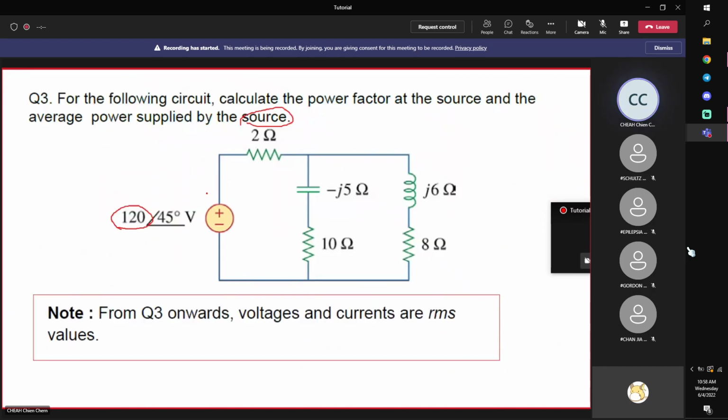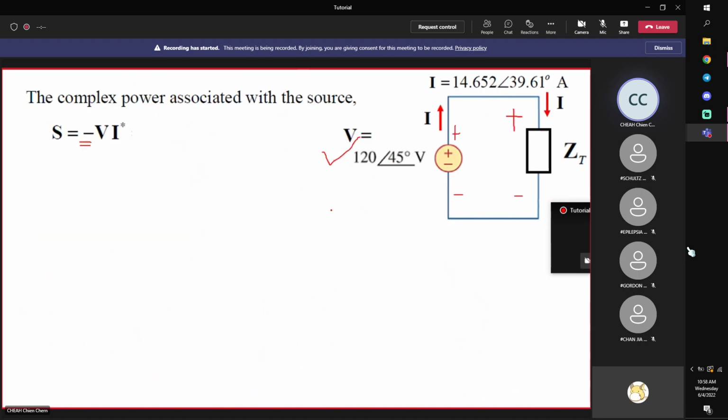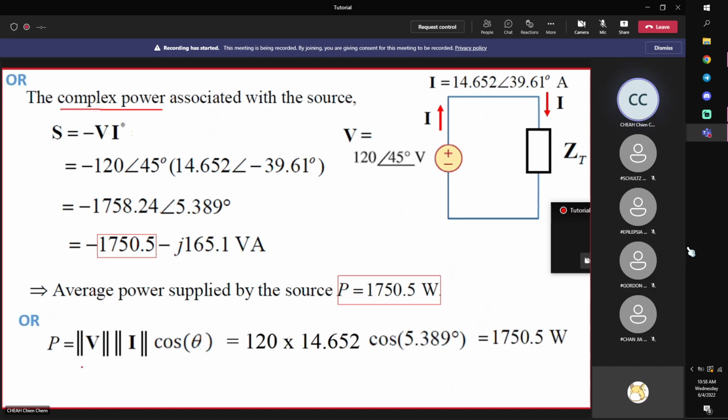If you go back to this question again, it actually says to just calculate the average power. It never says to use complex power, but I use these methods just to show you the concept of complex power and how it can be used to calculate the average power. But if you want, you can also do it in the usual way.